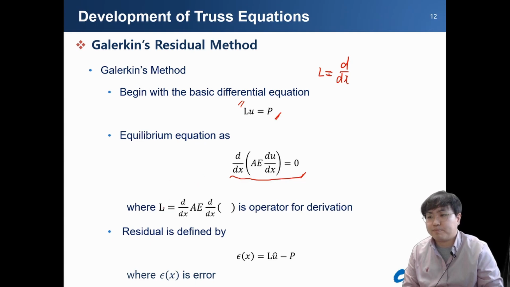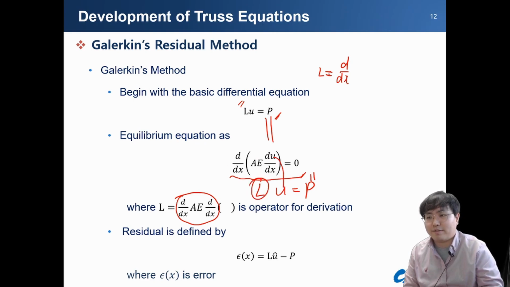So anyway, to match these two equations, the L operator looks like this. U equal to P, P equal to 0, and then U here, and the remaining thing becomes the operator. Here it becomes some Laplacian operator. Please do not be confused. This is an exact solution.